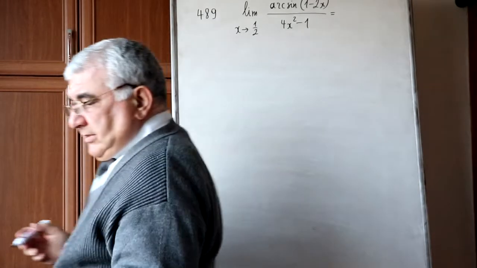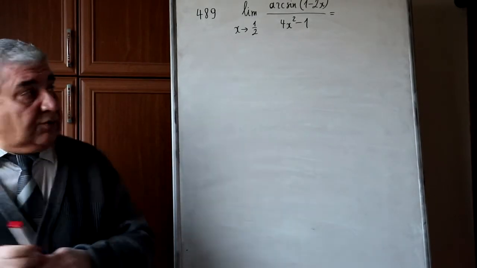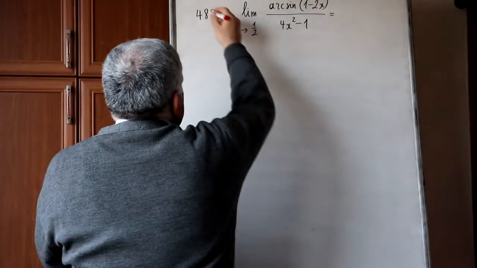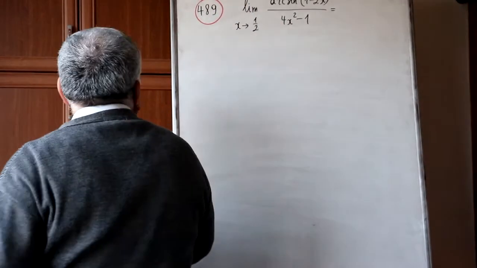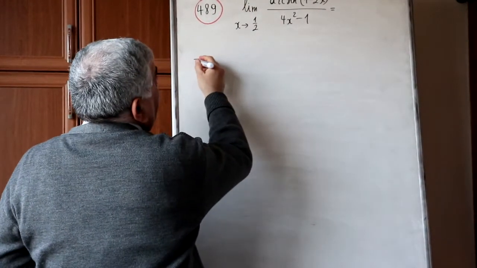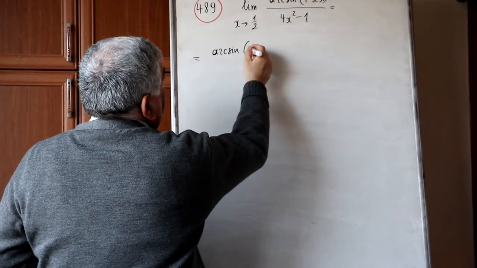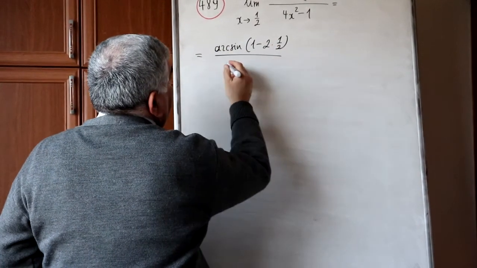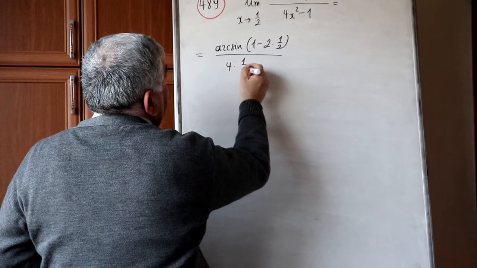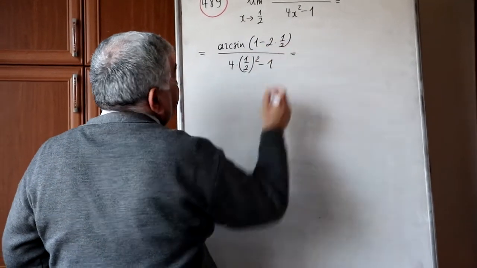Here we must substitute 1 second instead of x. Arc sine of 1 minus 2 multiplied by 1 second, divided by 4 multiplied by 1 second squared minus 1 equals, it is 1. 1 minus 1 is 0.